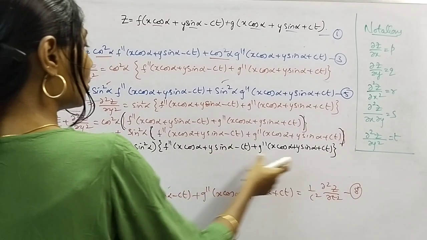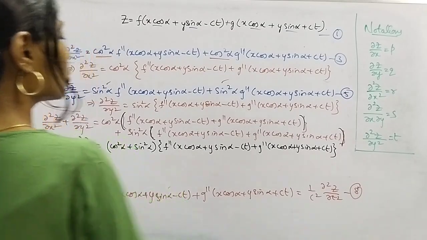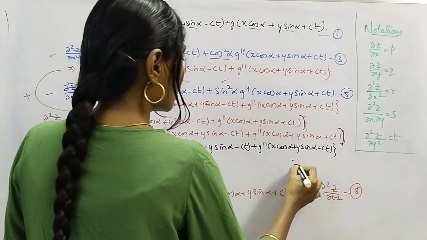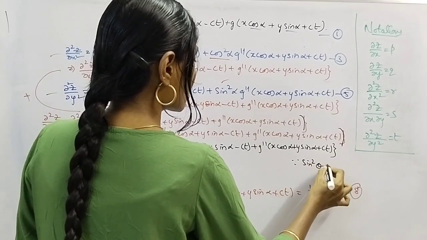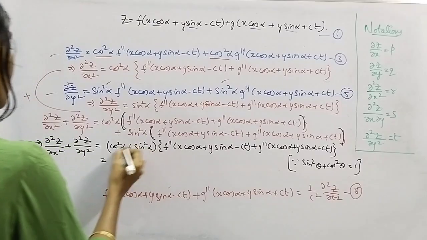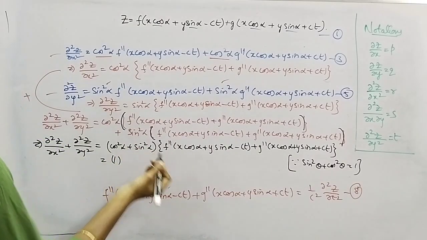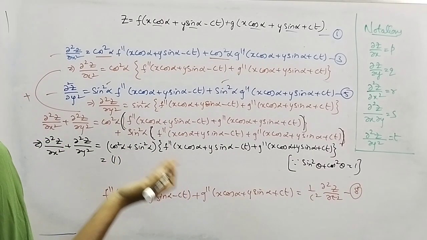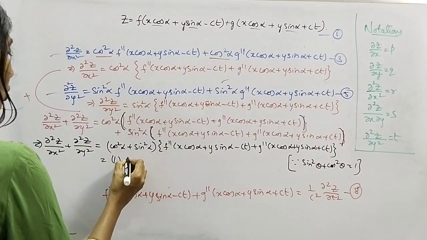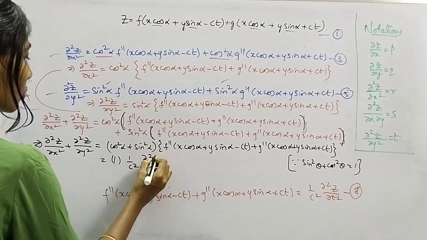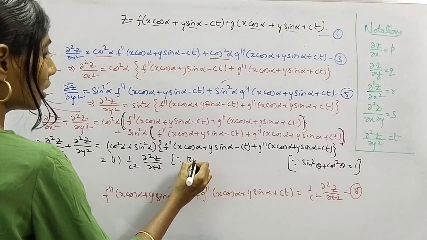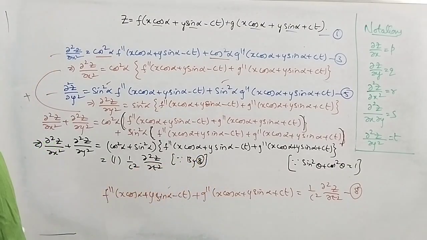We know that f double dash plus g double dash is 1 by c square into dou square z by dou t square, and since sin square theta plus cos square theta equal to 1, this becomes 1. Cos square alpha plus sin square alpha is nothing but sin square alpha plus cos square alpha, which is 1, right? Into, replace it by 1 by c square into dou square z by dou t square, since by 8.